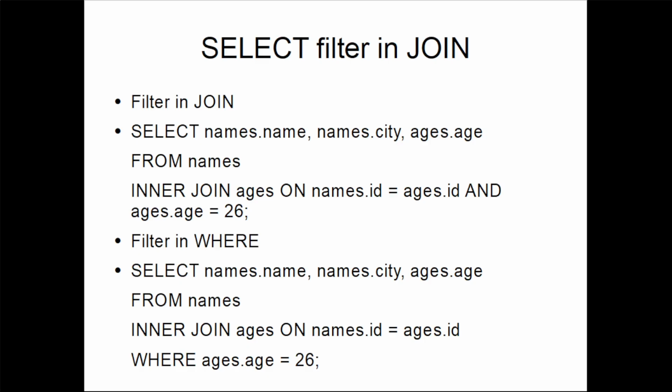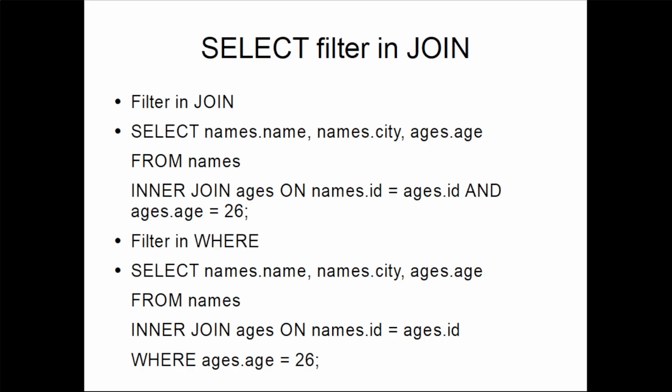Here is what happens. The database starts the inner join, matching rows where names.id equals ages.id. The ON clause also filters for ages.age equals 26, so only rows with age 26 are considered for the join. If there is no matching ID or the age is not 26, as Bob and Carol have different ages, those rows from names are excluded entirely, as inner join only keeps matching records.